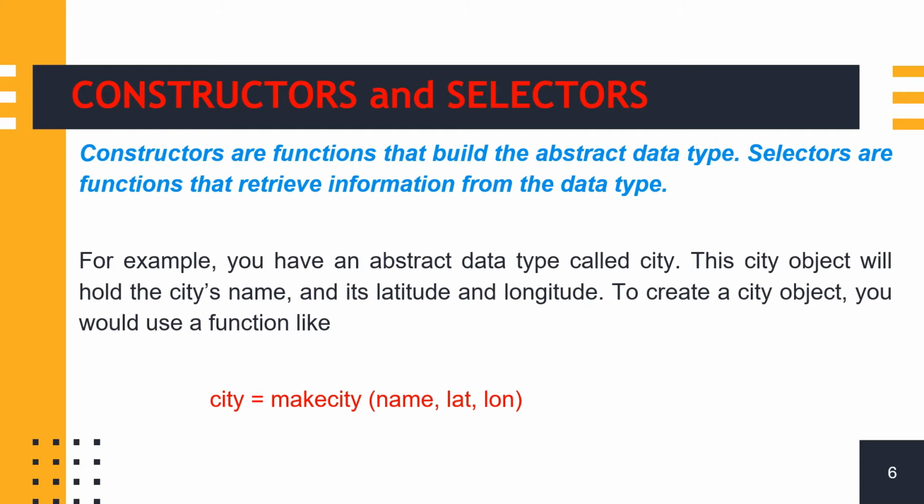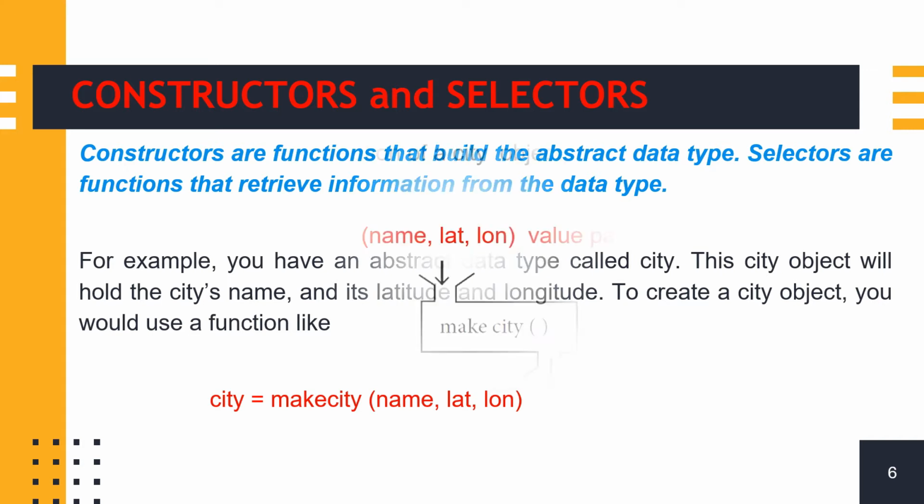The city object will hold the city name and its latitude and longitude. To create a city object, you would use a function like city = make_city(name, lat, lon). These are inside the small brackets.